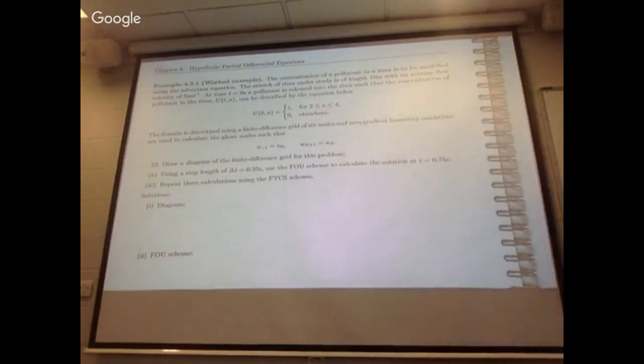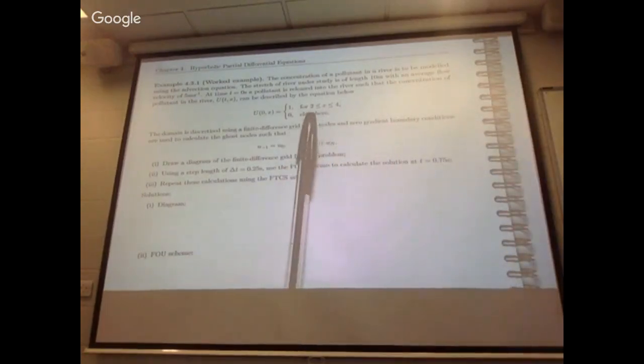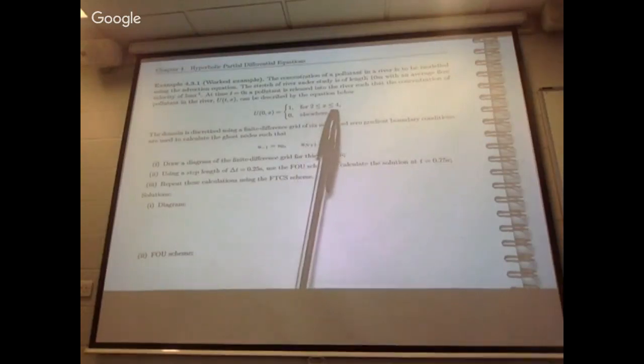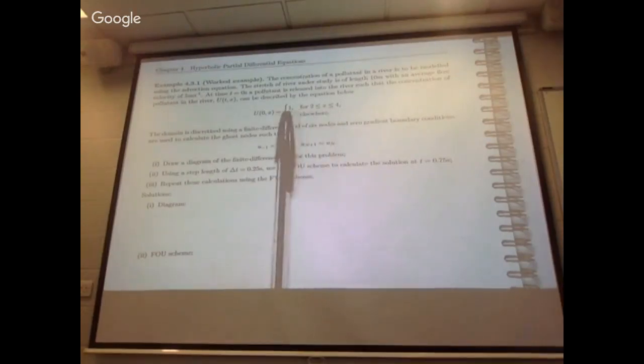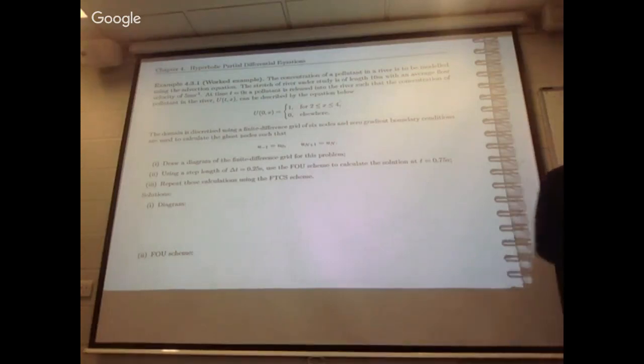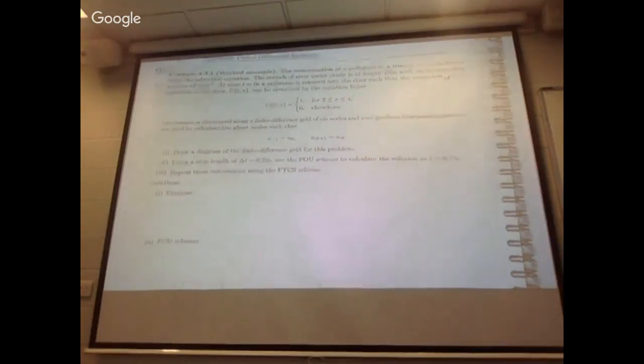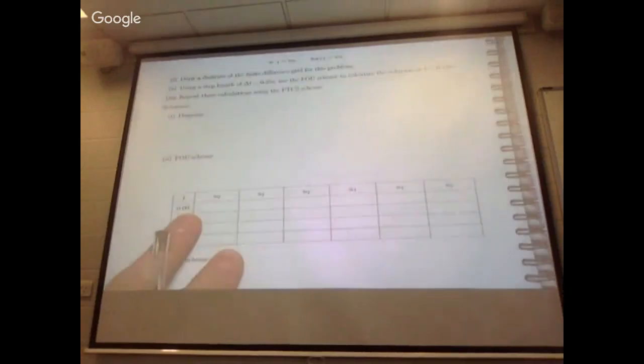In other words, between 2 and 4 metres in our stretch of river, our pollutant concentration is going to be 1, and elsewhere we're going to have no pollutant. Okay, so first one is draw a diagram of the finite difference grid for this problem.